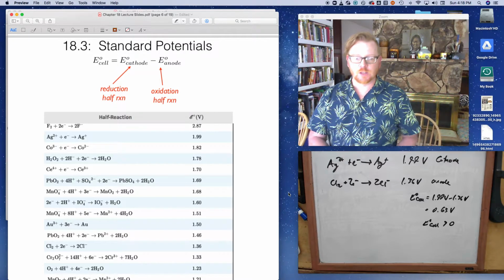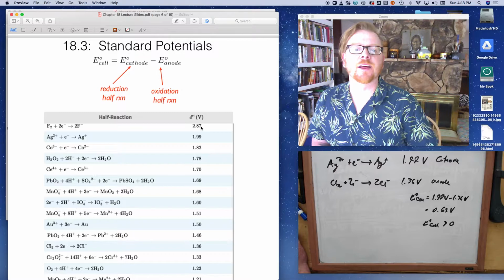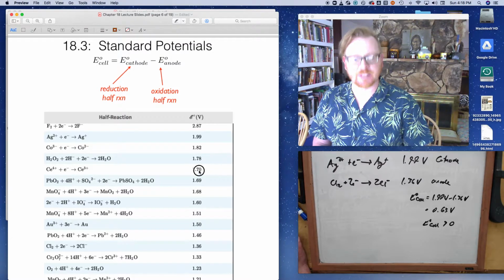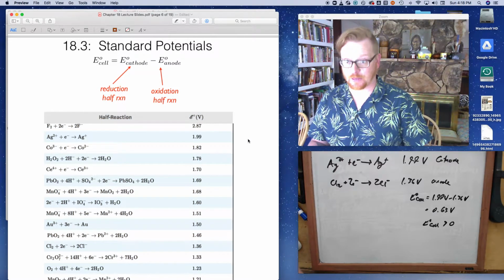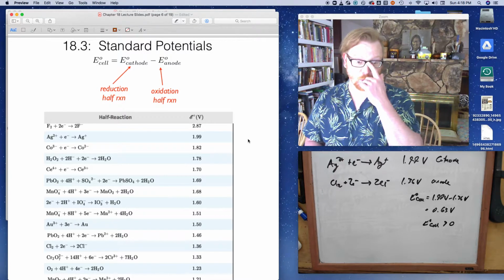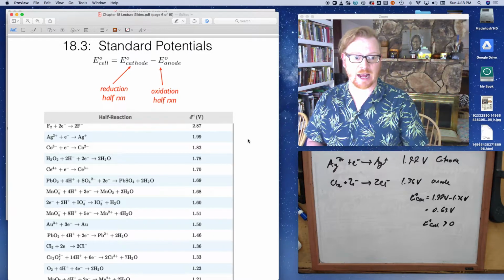Okay? So you're always going to pick the larger reduction potential as the cathode. So in other words, what you really want at the cathode is the best oxidizing agent. So think about that for a minute, okay?